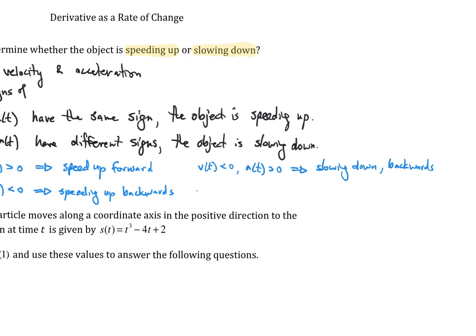If the velocity is positive, but the acceleration is negative, this means it's slowing down forwards.